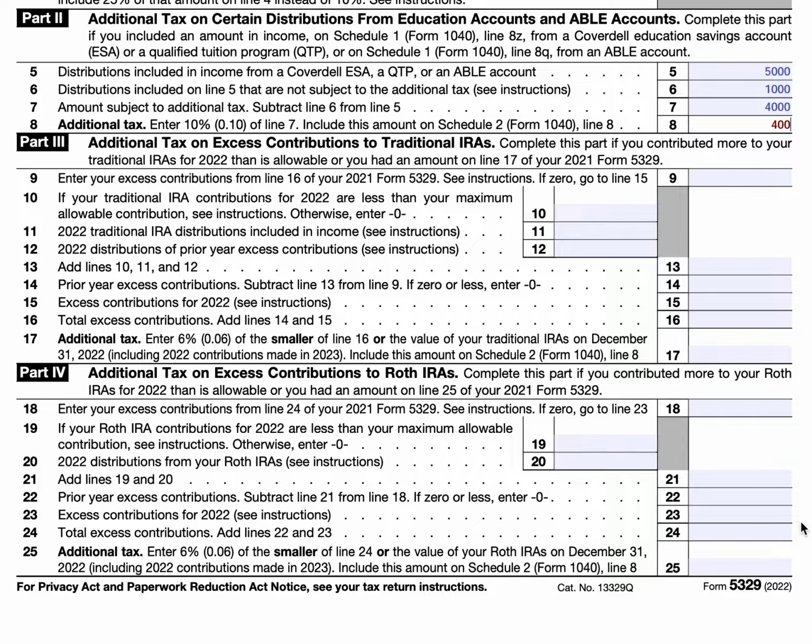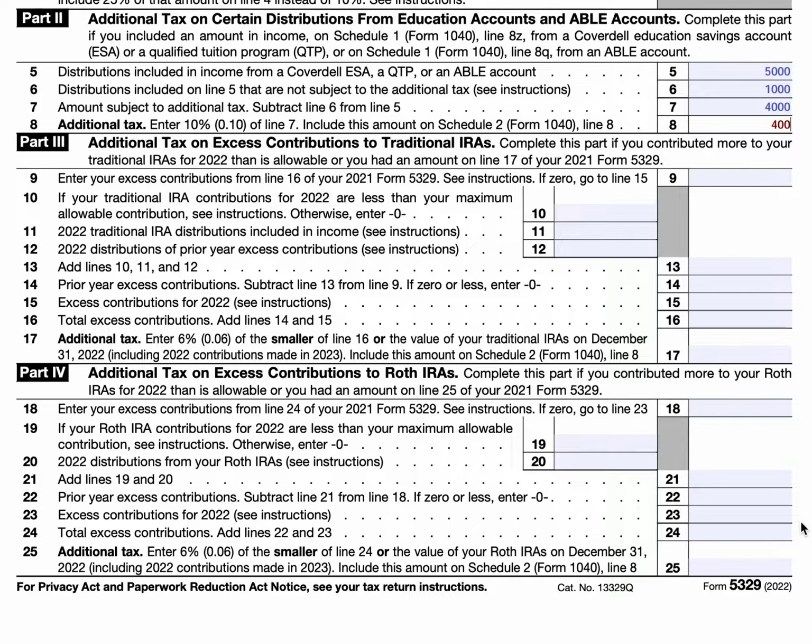Part 4 contains the calculation for excess contributions to Roth IRAs. For line 18, you'll enter your excess contributions from line 24 of your prior year 5329. If this is 0, you will go directly to line 23. If not, you will go to line 19.